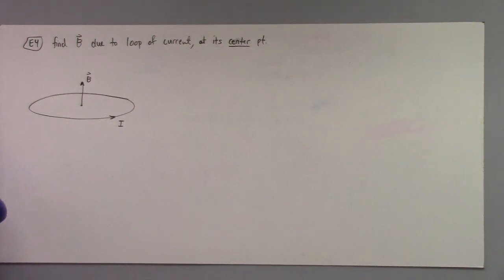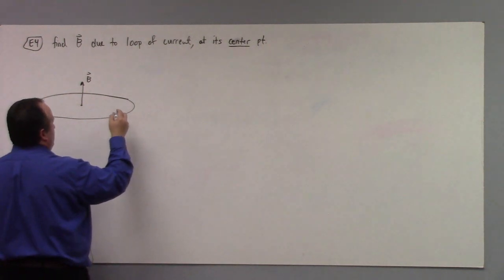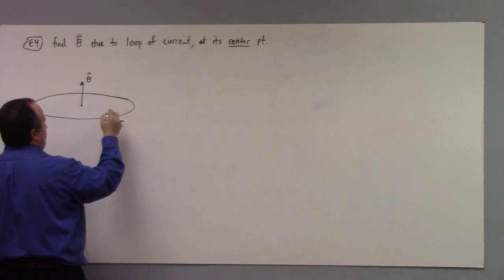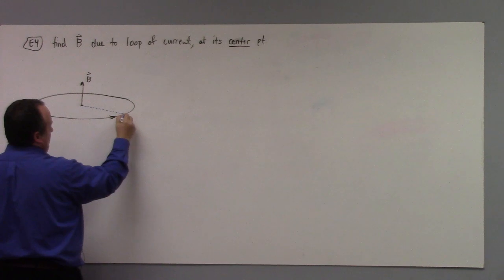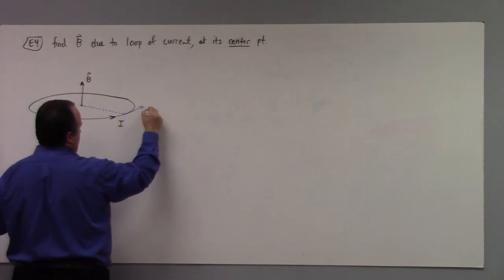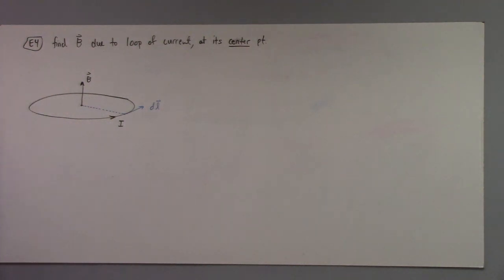Let us derive it. Let me attempt a picture. Here's my dL. And how is r supposed to point? r is supposed to point from the current source to the field point.